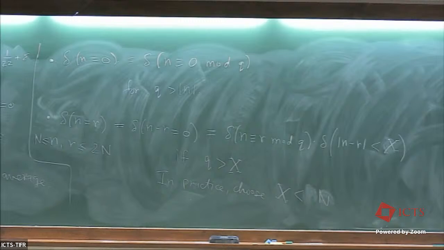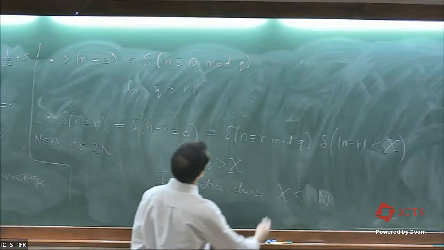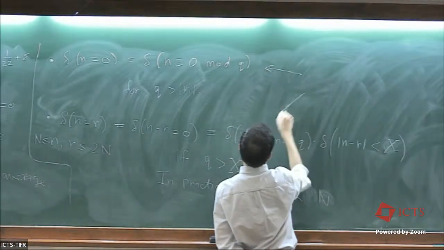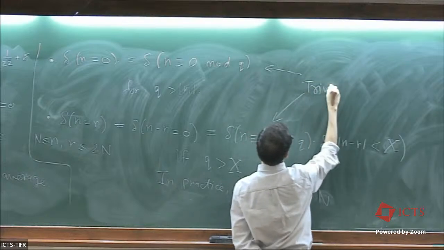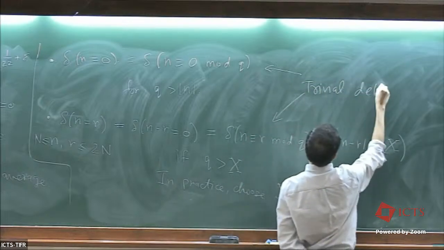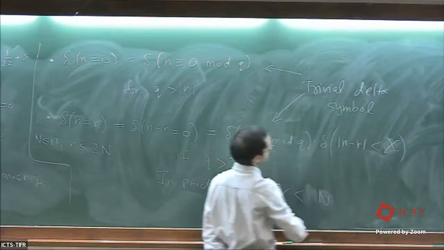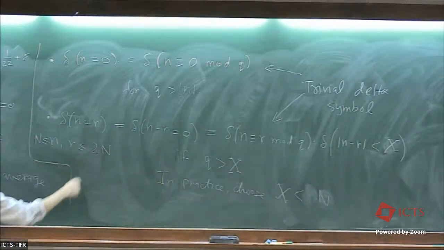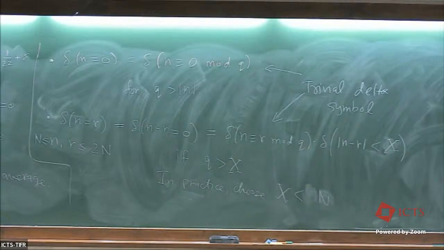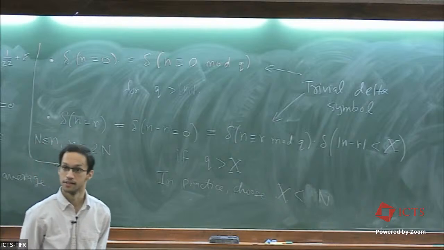Okay. And both of these are in the literature what we have been calling a trivial delta symbol. And we're going to utilize this particular one, the second one, in order to prove a t aspect bound for these GL2 L-functions.